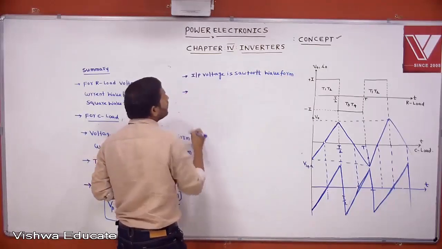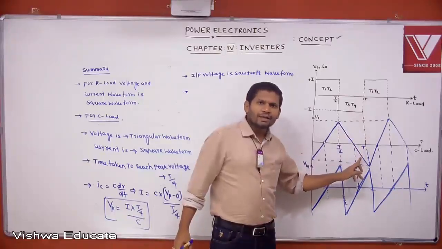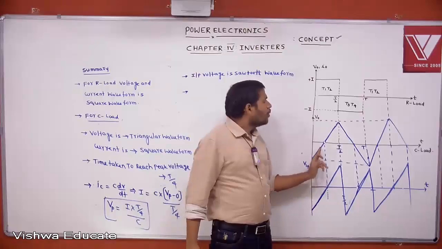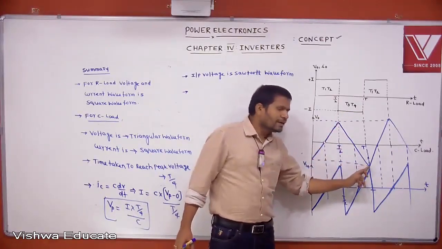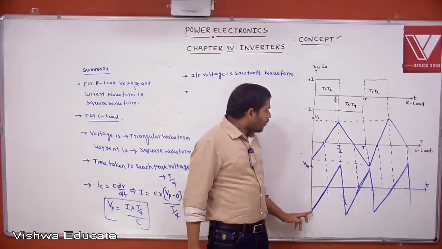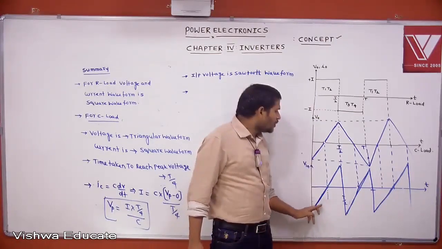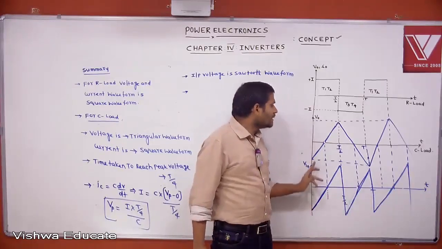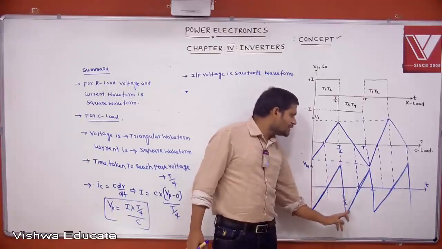Next, one point to remember. In one cycle, the output voltage we are getting is one cycle only, that is frequency F. But in one cycle, the input is subjected to two cycles. In one time period, the output is one cycle. In one time period, the input voltage is two cycles.